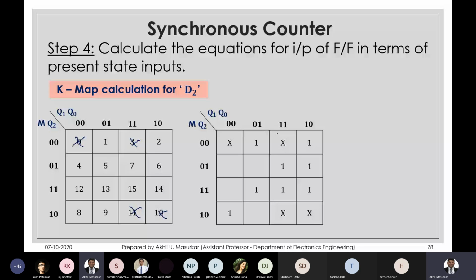But in case I would not have taken don't care conditions, I would have got zeros here. So instead of an octet, I can now get a quad. So when I go from octet to quad, I am increasing the hardware. I will get more terms. More terms means more gates. So that is what you need to understand.